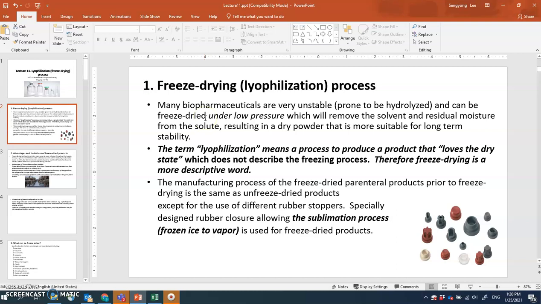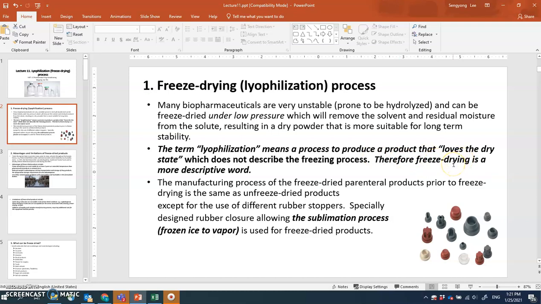Lyophilization means a process to produce a product that loves a dry state. That's what this word means. Lyo is dry, philia is love, right? So loving dry condition, that's what lyophilization is. But in terms of describing the process, normally you freeze your drug first and then you dry it to remove water vapor.